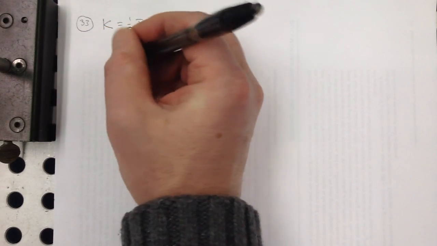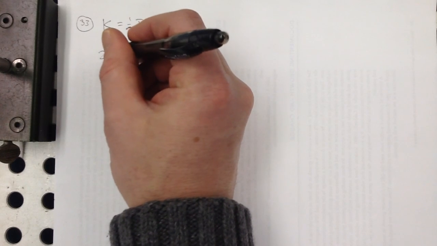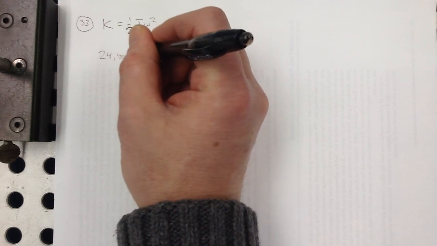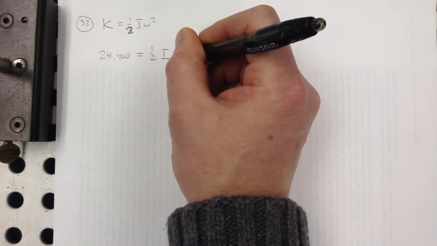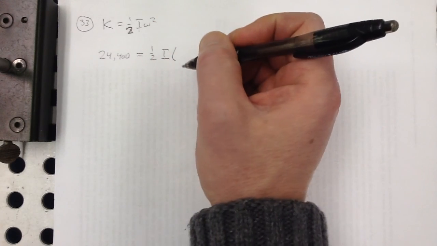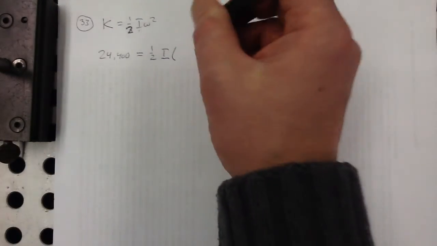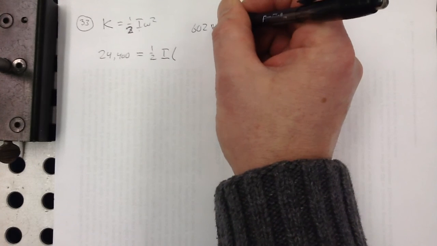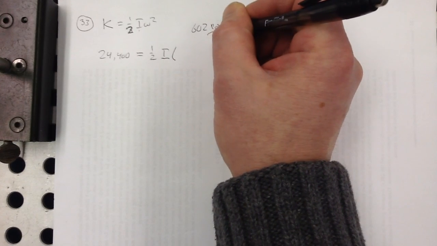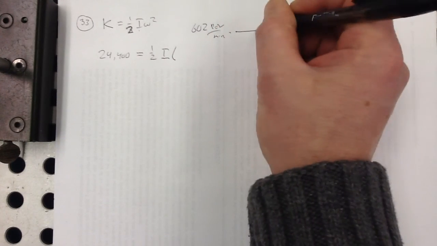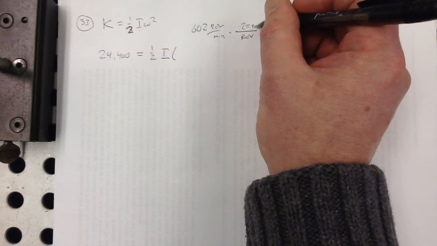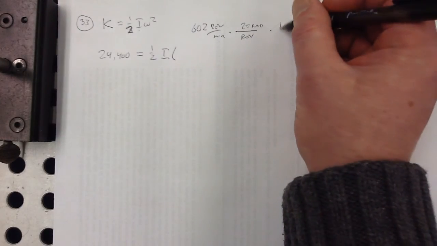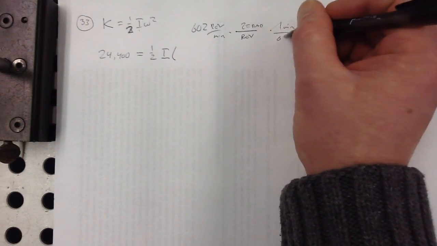So if I've got something with kinetic energy of 24,400 joules equal to 1/2 I times, it's rotating at 602 revolutions per minute. So just have to convert that real quick. 602 revs per minute is equal to, 1 rev is 2 pi radians, and 1 minute is 60 seconds.